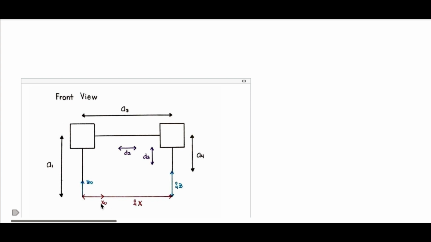As we can see, our x04 is equal to a sub 3 plus d sub 2. d2 is the joint variable d that we need to find and derive the solution.